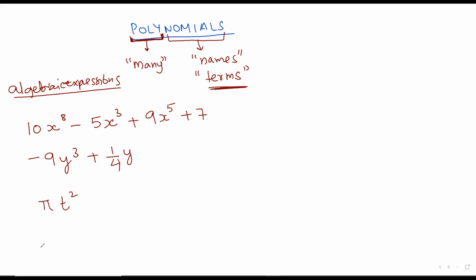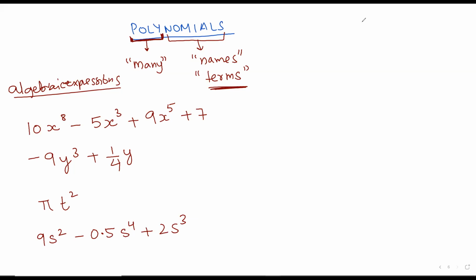We could also have something like 9s square minus 0.5s to the power 4. So these are all polynomials.